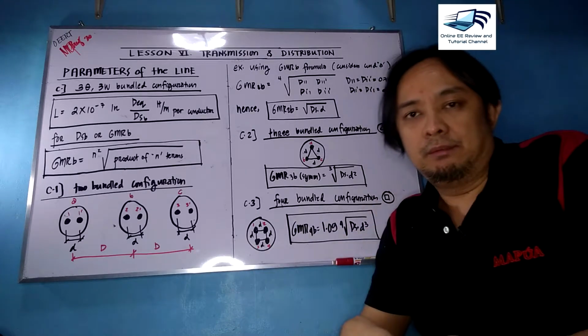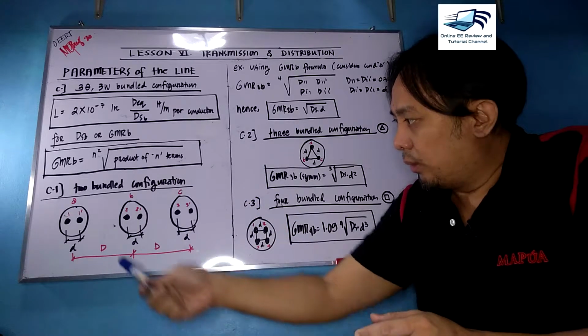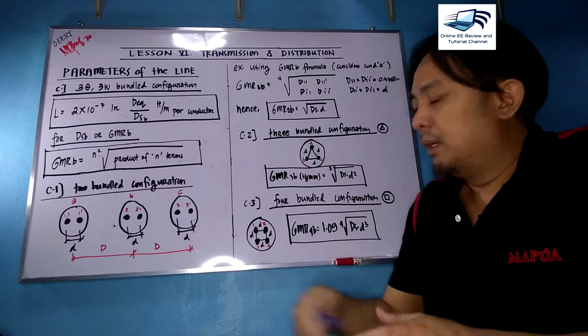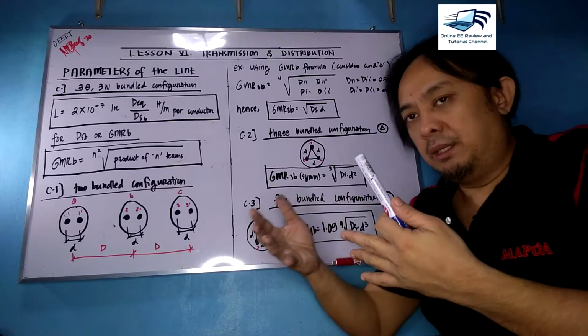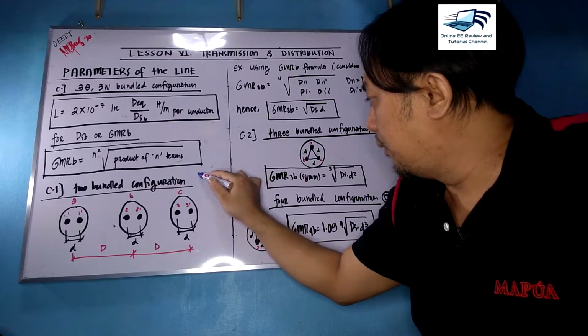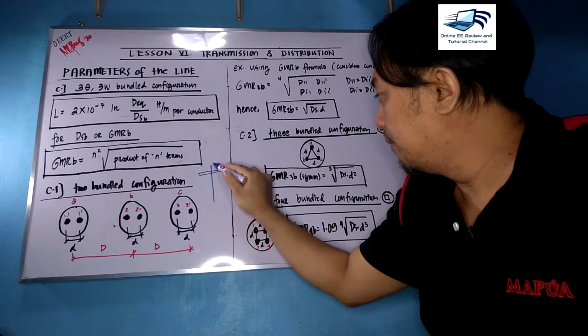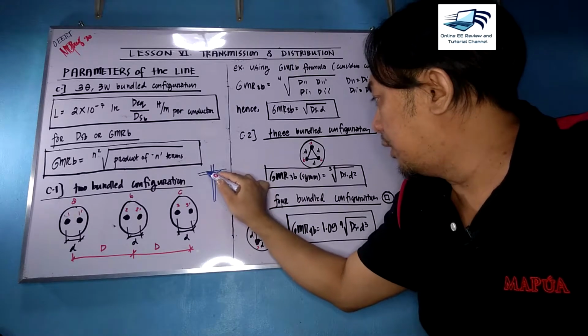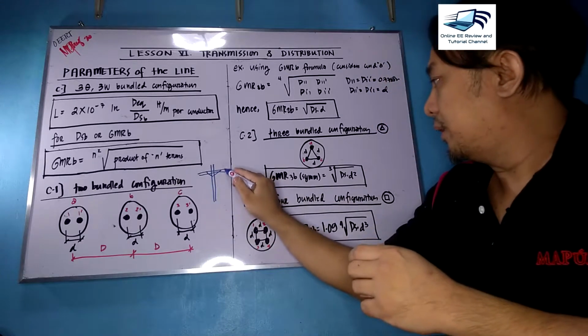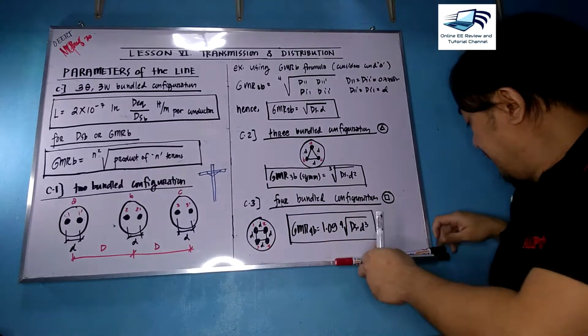Okay, for example, consider this on C.1 here. If you have a transmission line pole, for example, I will draw here a transmission line pole. You have your arms. This is just for example purposes. Sorry for my drawing.